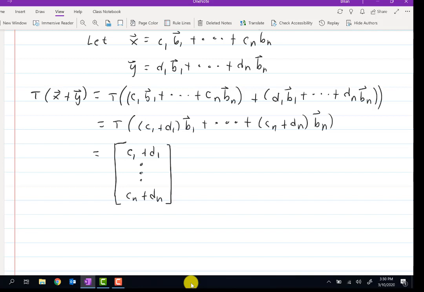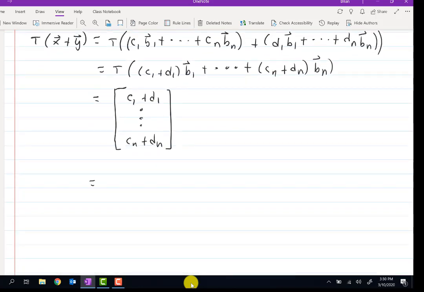Of course, according to vector addition, now keep in mind this is in Rn, I can break this up as follows.